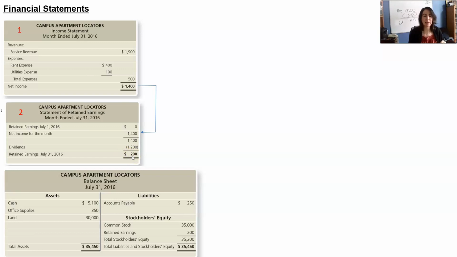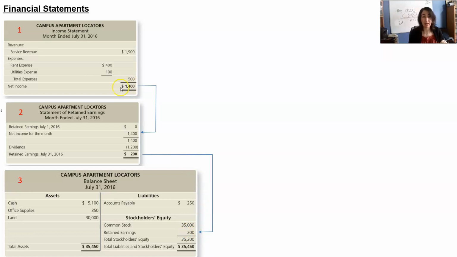And then the last statement is the balance sheet. The balance sheet balances: assets equal liabilities plus equity. If I list out all the assets, the liabilities, and the equity, you would see that the equity number is actually coming from the statement of retained earnings. This is why the financial statements need to be done in this order.